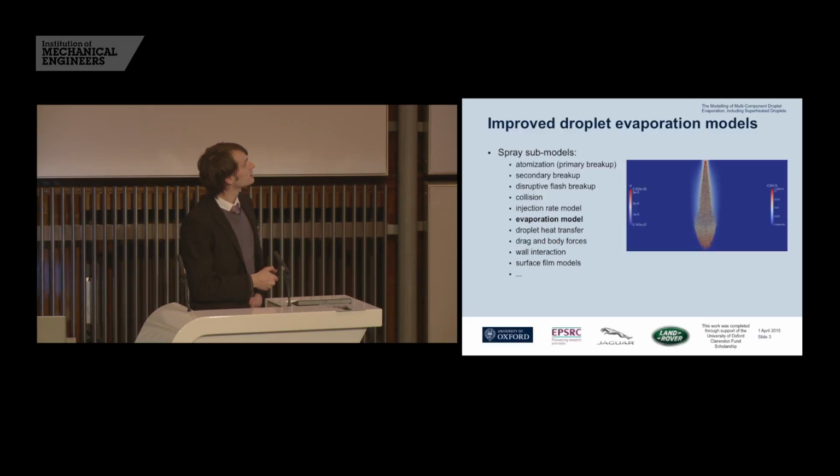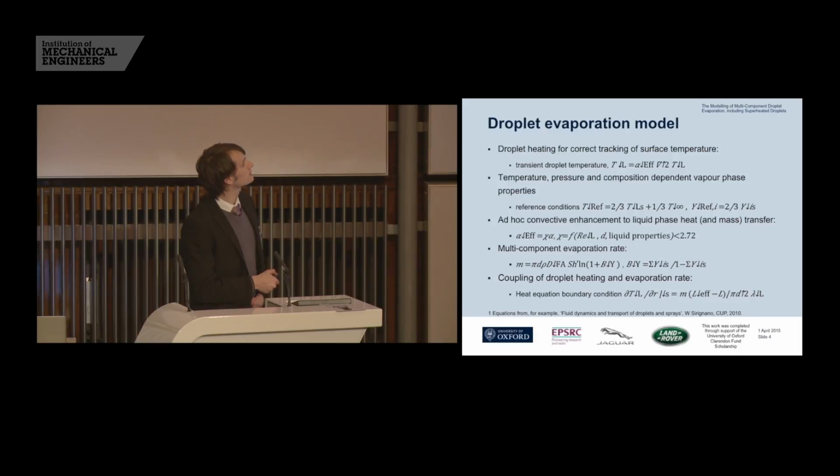Okay, so I'll introduce, well, that's supposed to come up one at a time. Okay. So the key point of the model that we started from is that we model the droplet temperature implicitly using the heat equation for the droplet. So we track a full description of the temperature throughout the droplet throughout its lifetime.